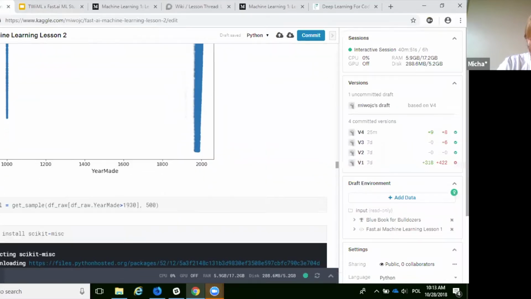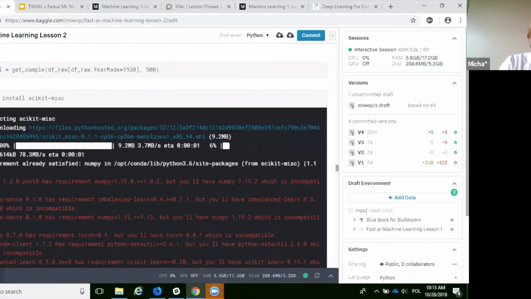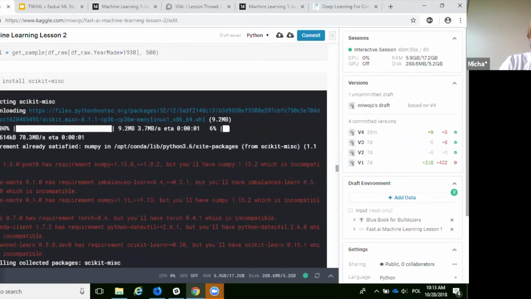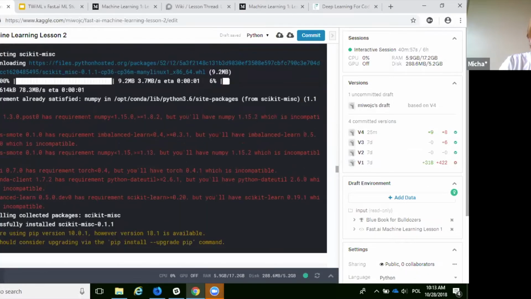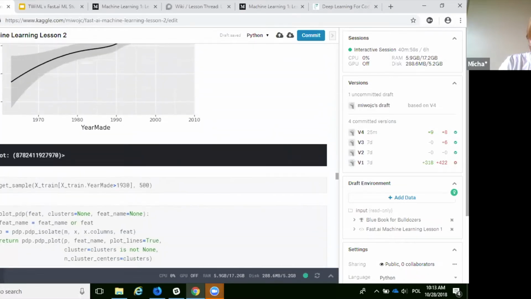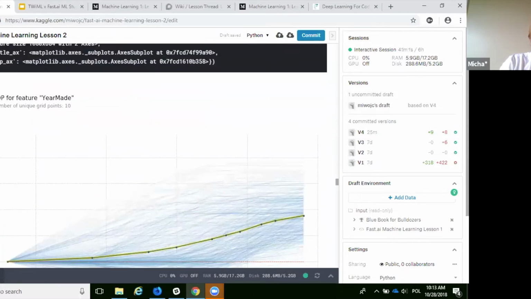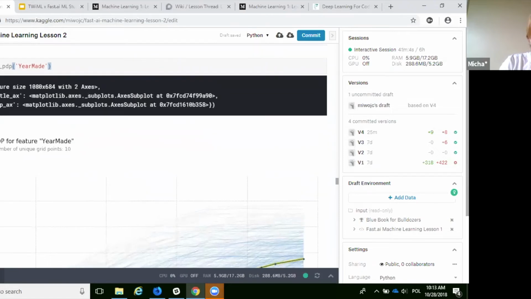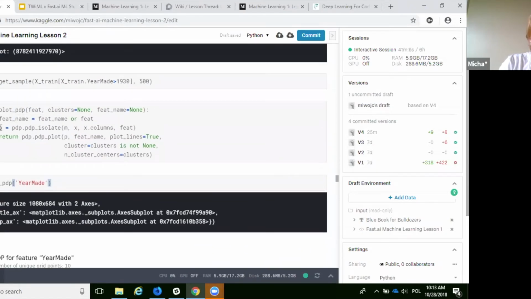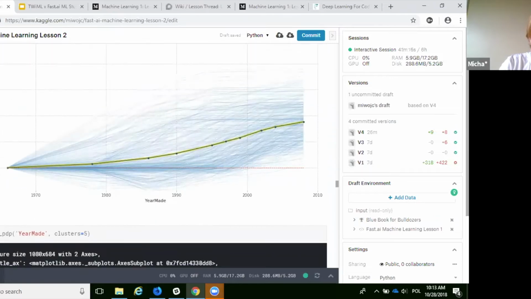Let me see. Maybe that one was there, but the other one, the scikit miscellaneous, that one I had to import. It wasn't there, but I think the PDP was there. So he also defined that function plot PDP, which was using the PDP library. So this is part of the code that he's using to generate those nice graphs.